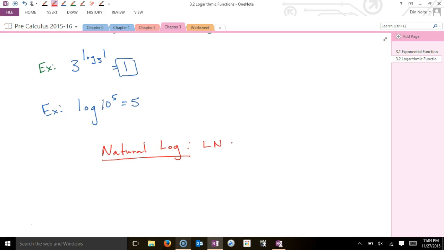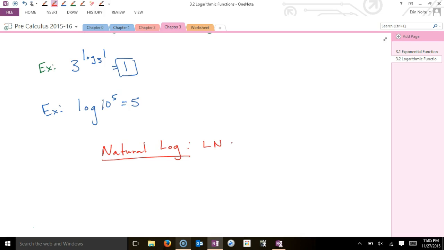What do we know about natural log? What's so cool about it? Why does it have its own button? It is also the inverse of an exponential function, specifically one.